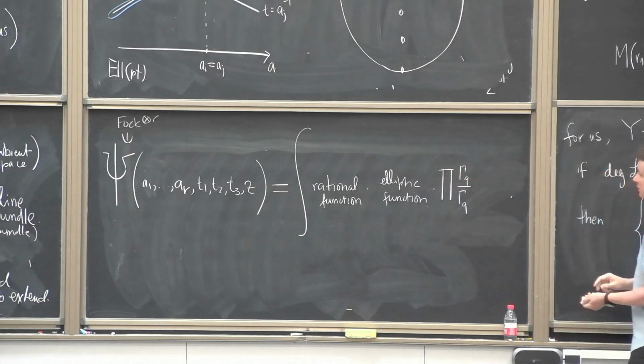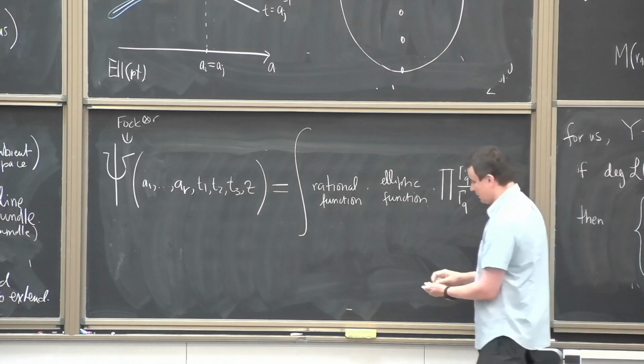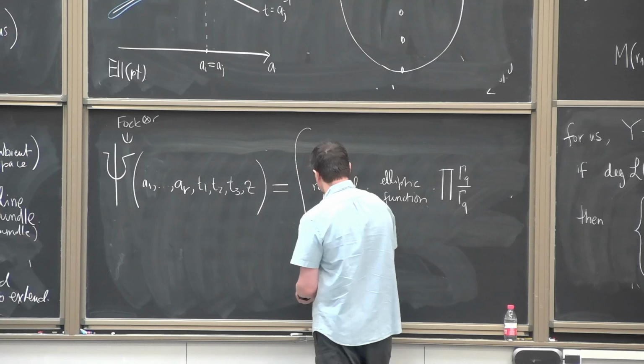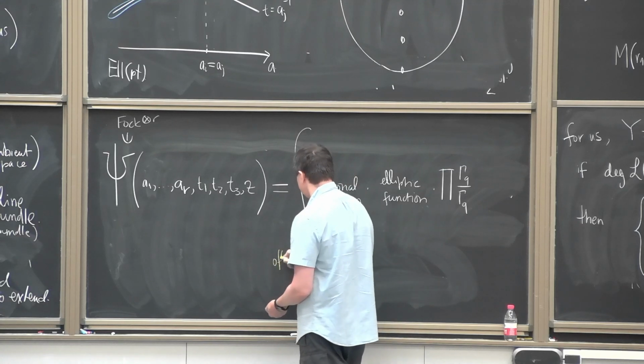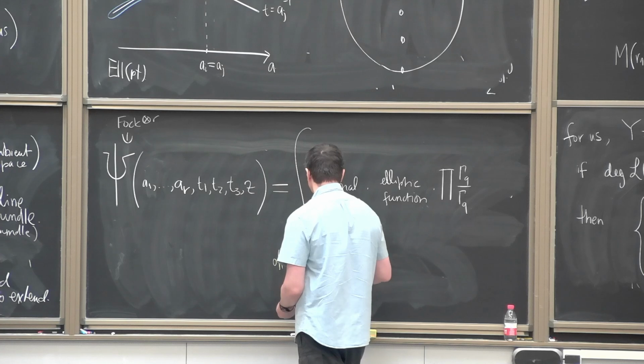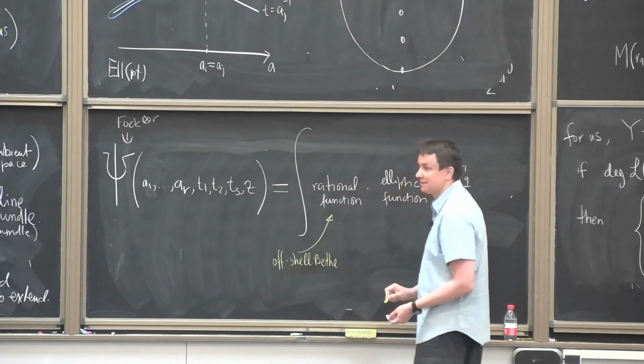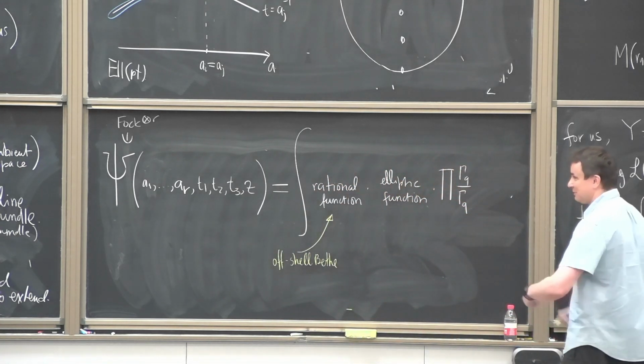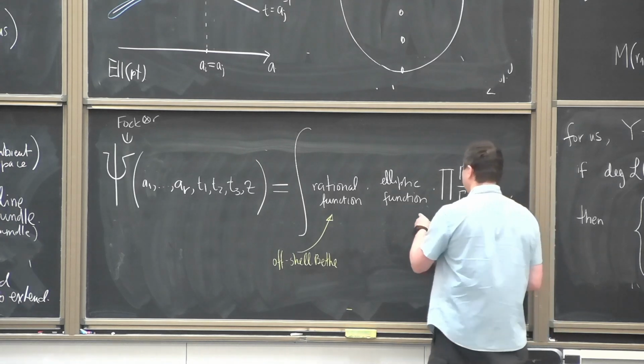And the meaning in conventional language of QKZ is that this is the off-shell Bethe function. This is like in the Bethe ansatz, and we're going through various Bethe ansatz papers.